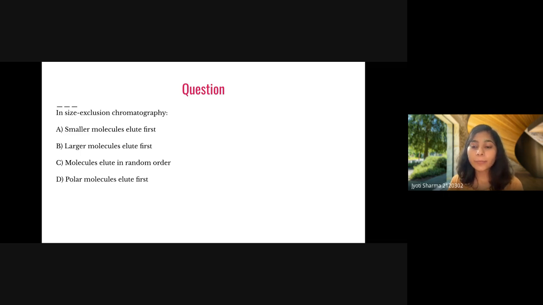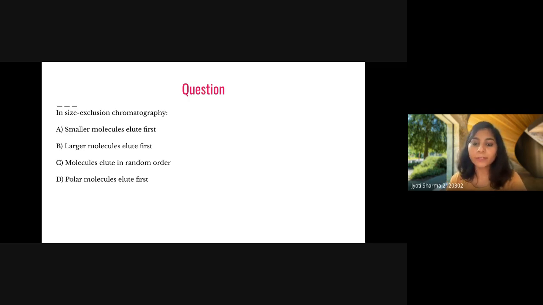One of the chromatography types is size exclusion chromatography, and you have to tell me what happens in that. Smaller molecules elute first, larger molecules elute first, molecules elute in random order, or polar molecules elute first. What do you think happens in size exclusion chromatography? Pradeep gave me the B answer.